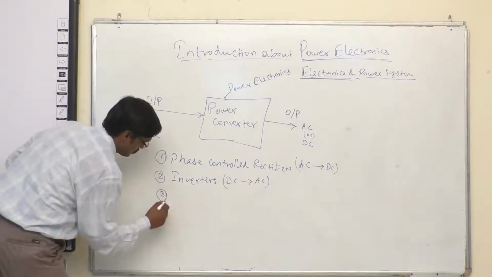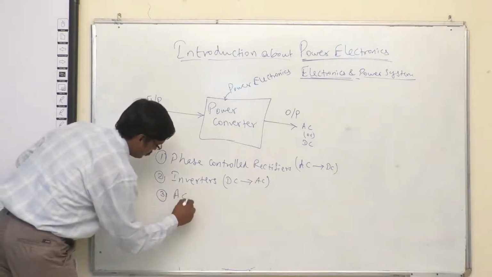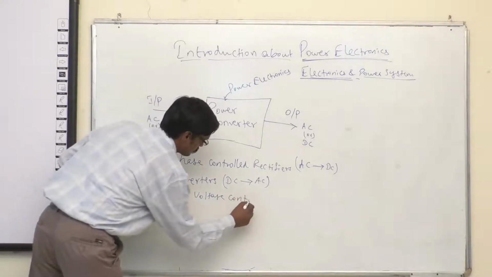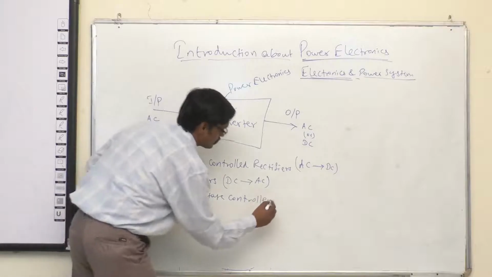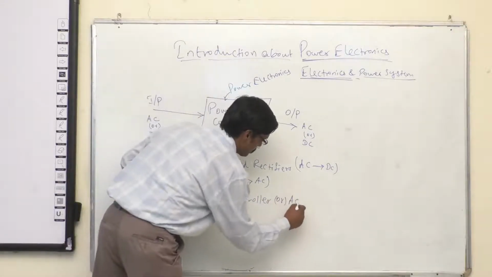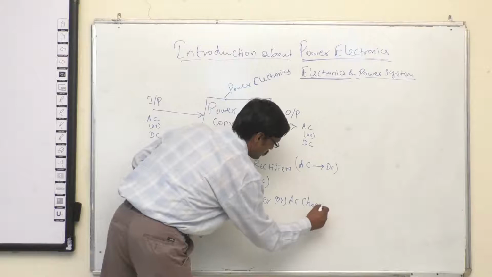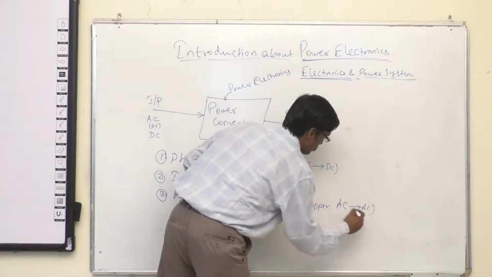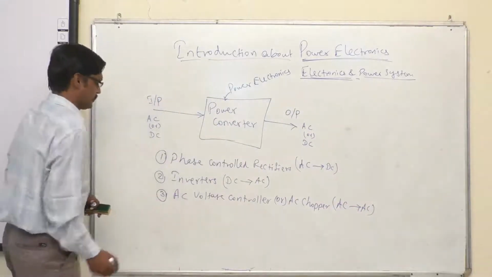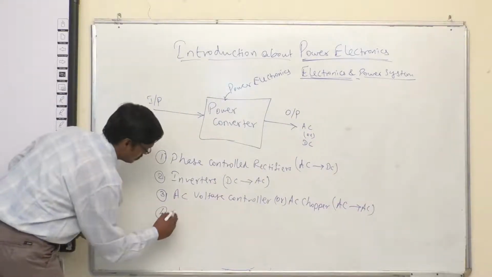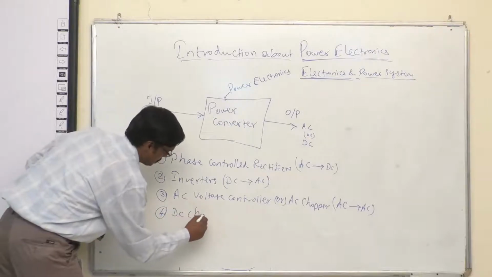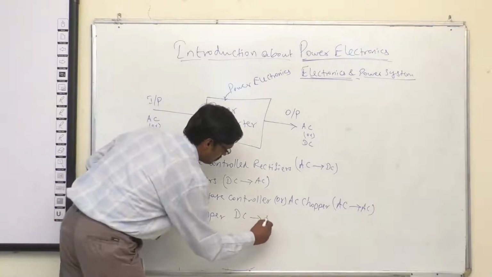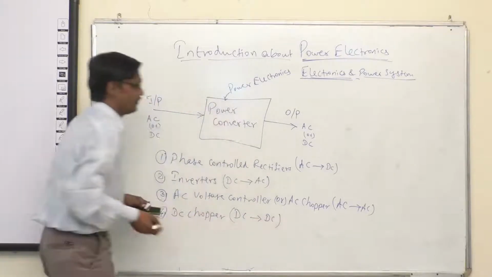Then AC voltage controller, or AC chopper, which converts AC into AC, that is, fixed AC into variable AC. Then the fourth one is DC choppers. They convert DC into DC, that is, fixed DC into variable DC.